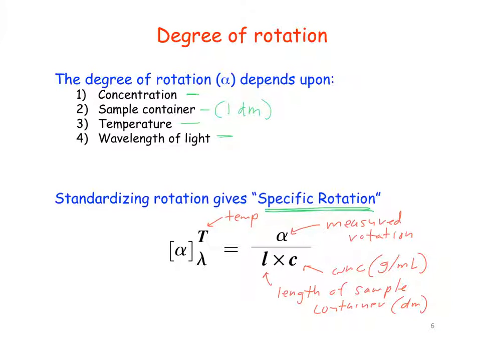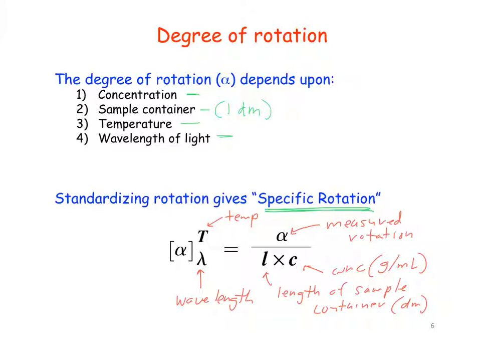The other part of this is that T over here is the temperature. We don't really have an equation that will calculate the effects of temperature. However, what we usually do is report the temperature at which the measurement was made, so if somebody really wanted to repeat that, they could. And lambda is the wavelength of the light.